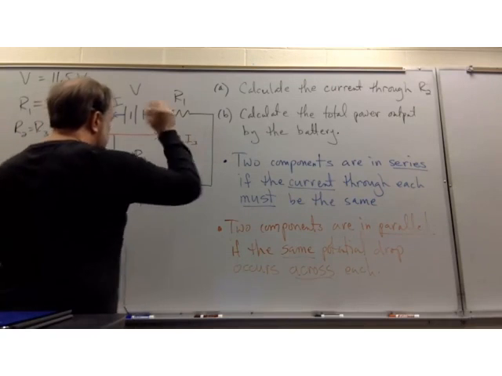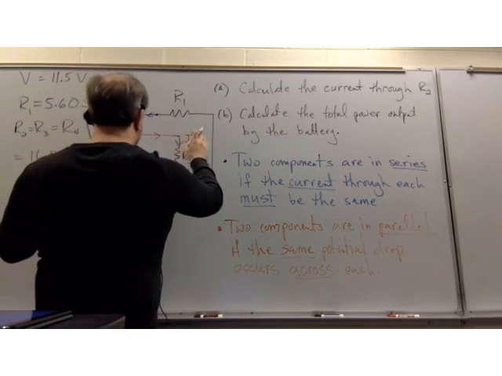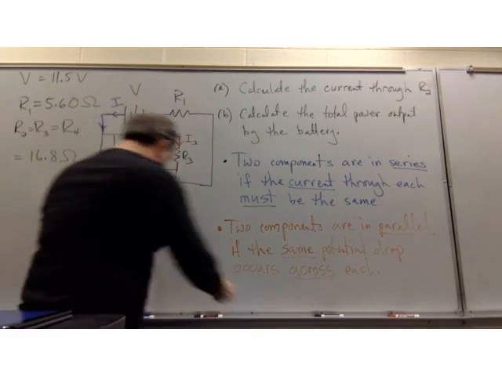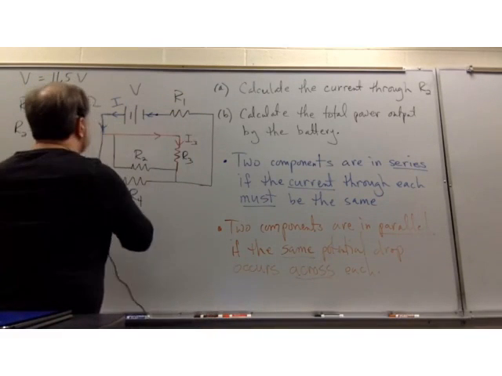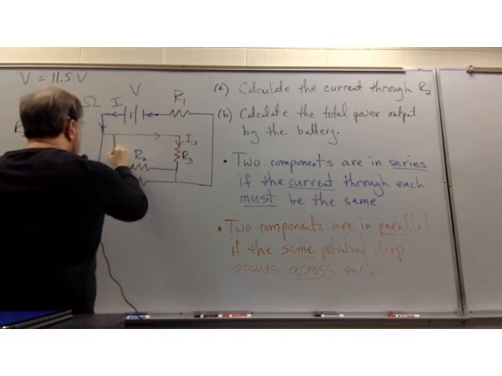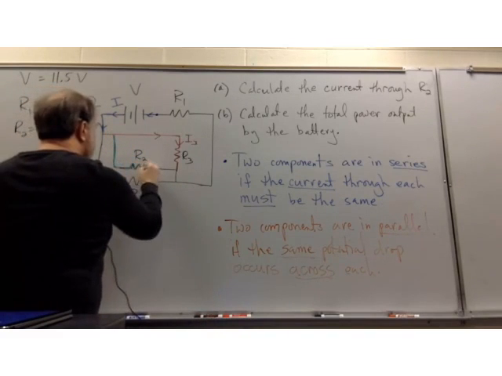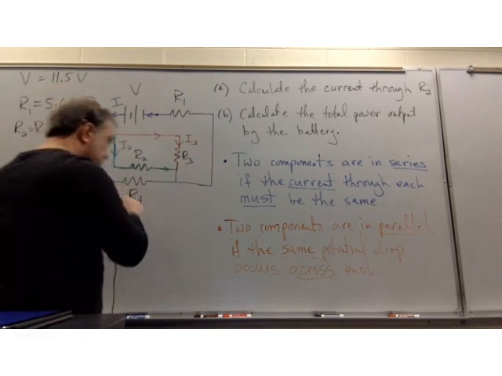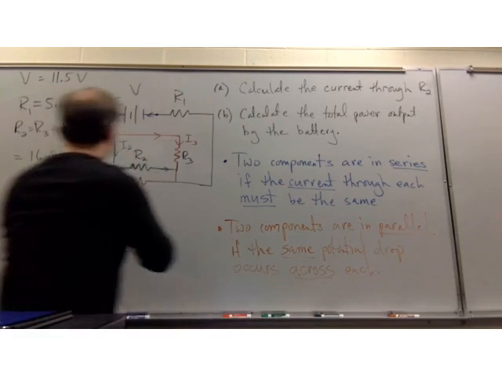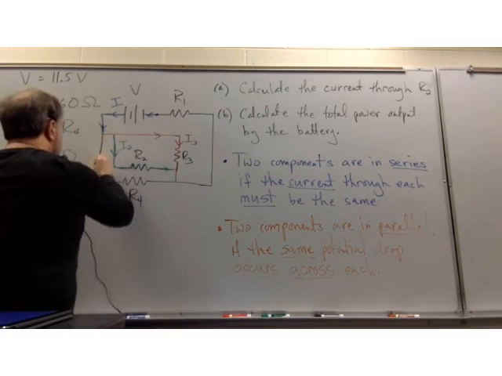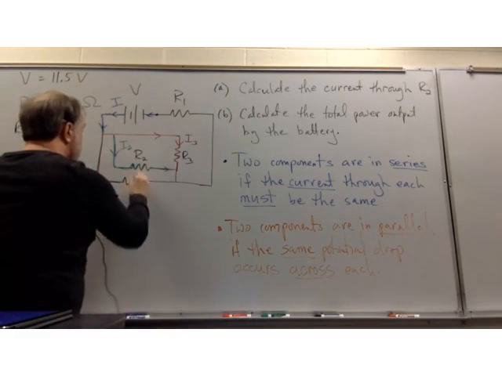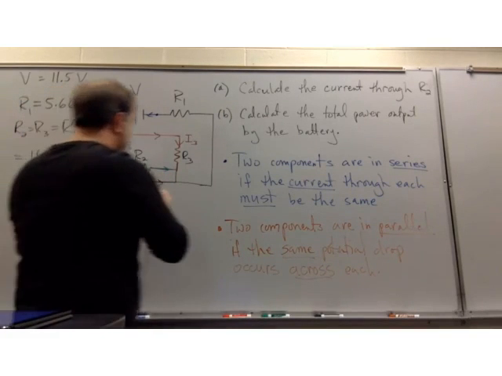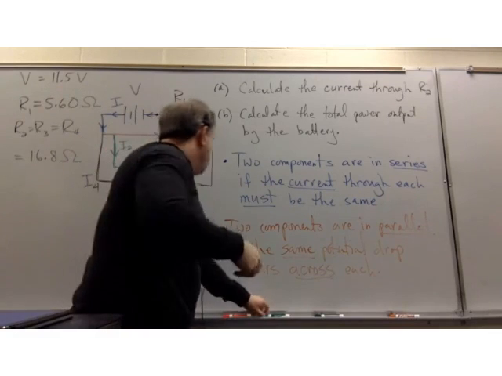So this current here that flows through resistor number 3, I will call that I3. And the current that flows through resistor number 2, I will call that current I2. And then finally, this current here, I will call this I4. And the currents will rejoin.